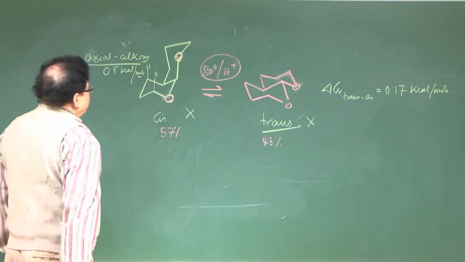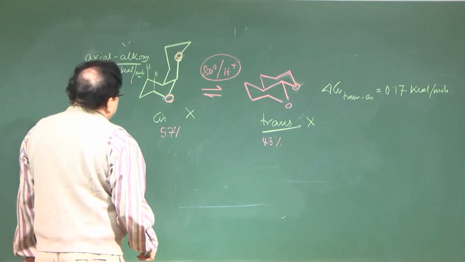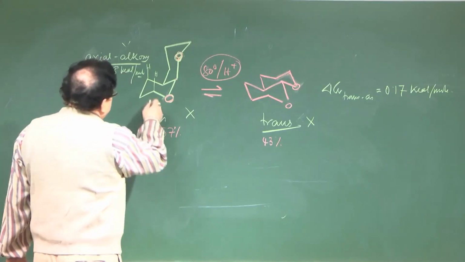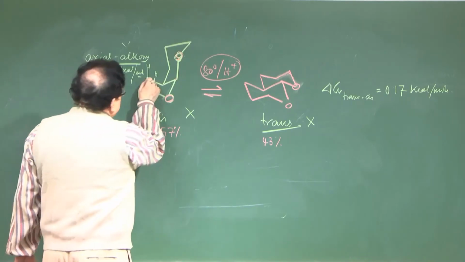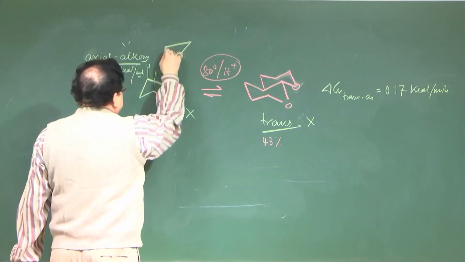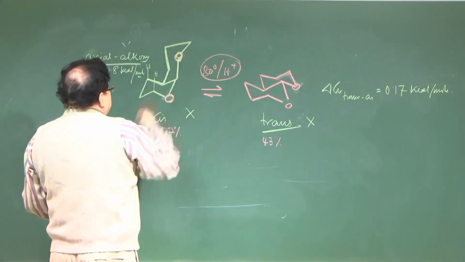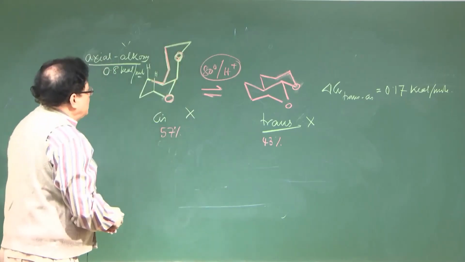Then you have a gauche-butane interaction, because this is axial to this cyclohexane ring, which generates a gauche-butane unit.